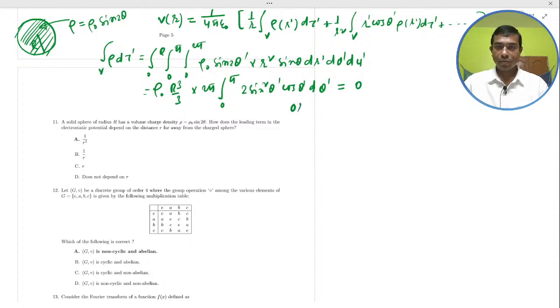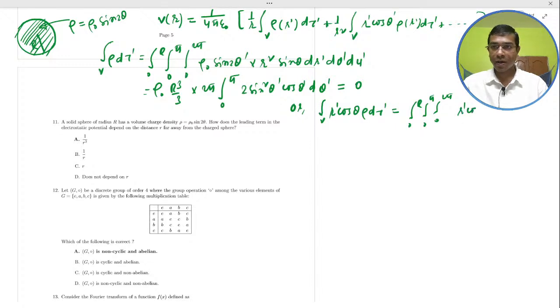So the integral over V r dash cos theta rho d tau dash equals integral 0 to r, 0 to pi, 0 to twice pi of r dash cos theta into rho naught sine 2 theta, this is r square sine theta dash dr dash d theta dash d phi dash.